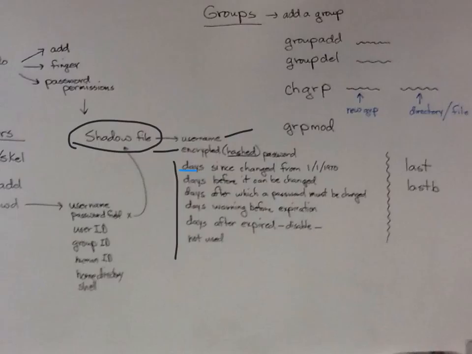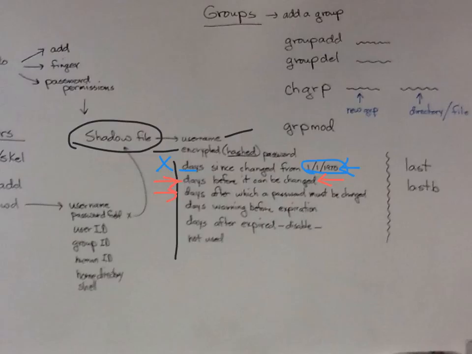Days since change from January 1, 1970, so it'll be a number listing how many days it's been changed. We do nothing with that information. But what we can do is adjust this. Days before it can be changed: you could list how many days, once somebody changes it, they can't change it for this many more days.